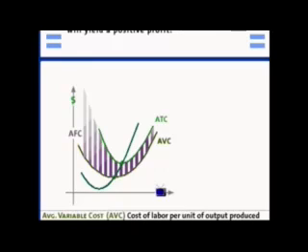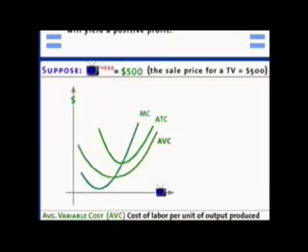Now, let's see what's going on in this firm. Let's suppose we have the price of the product. In our example, we've been looking at television sets that sell for $500 a piece. We have a competitive firm here that can produce as many televisions as it wants to and sell them at $500 a piece. It's competitive, which means that it cannot influence the price of its product.